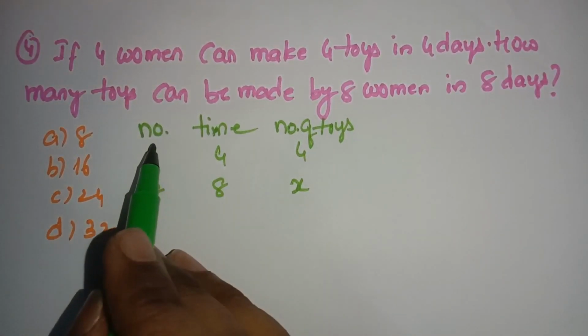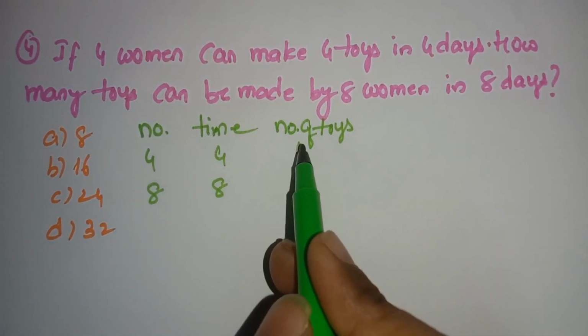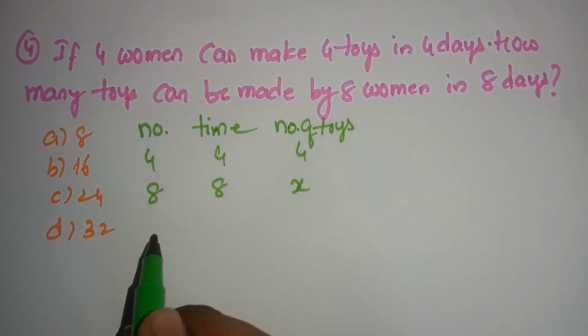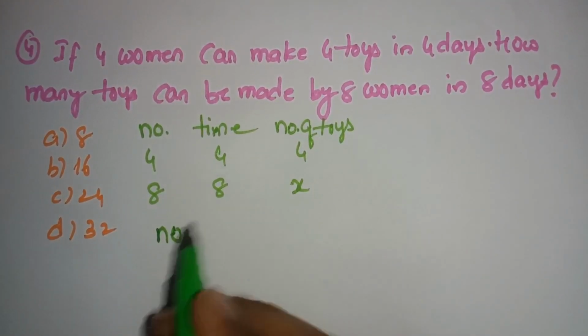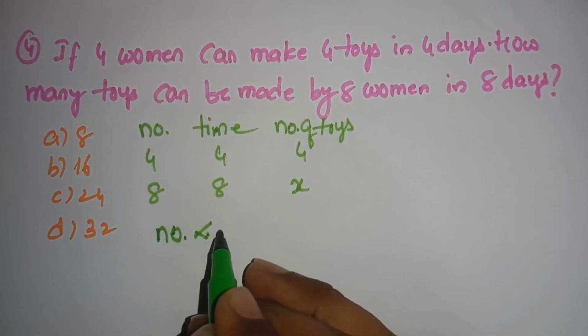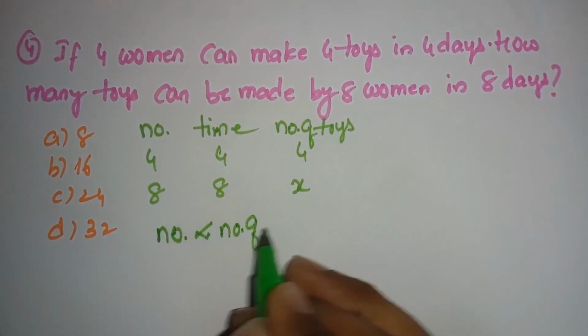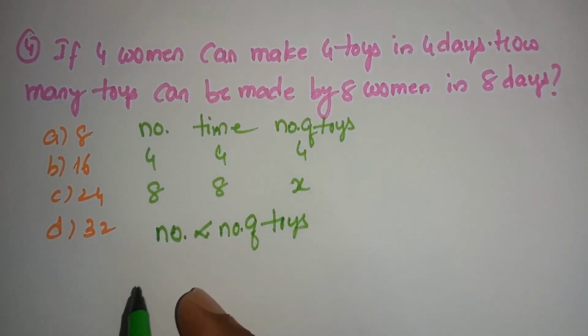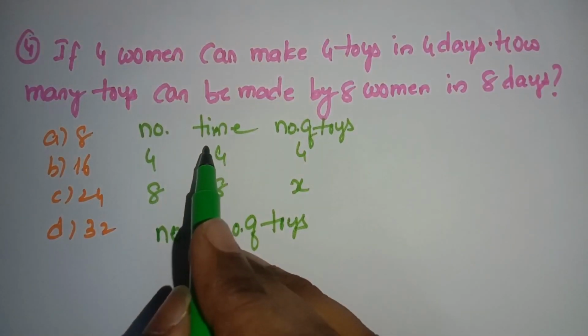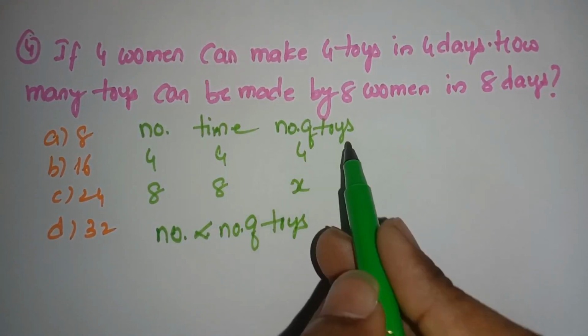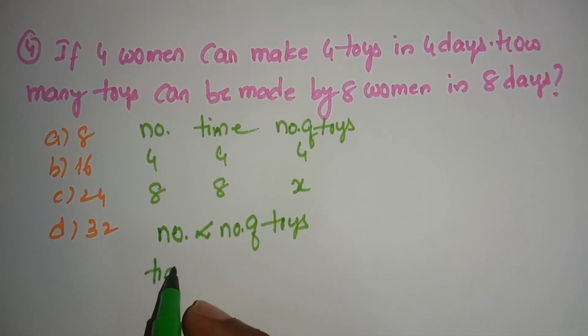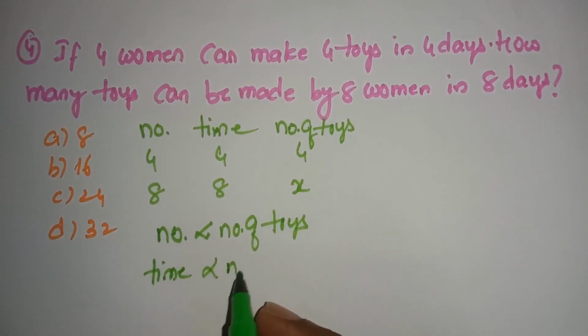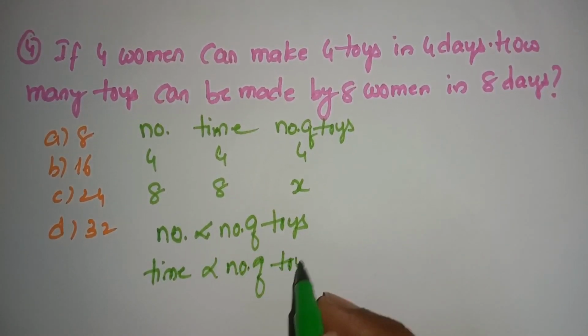Here we know that if the number of women increases, then the number of toys also increases. That implies we can write number of women is directly proportional to number of toys. Similarly, if there is more time, we can make more toys. Time duration is directly proportional to number of toys.